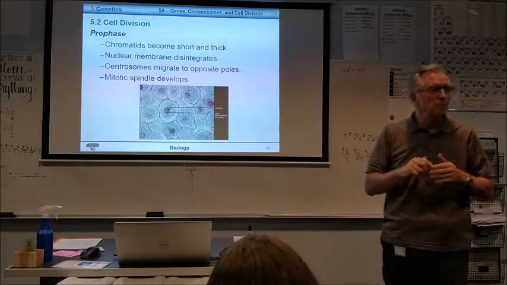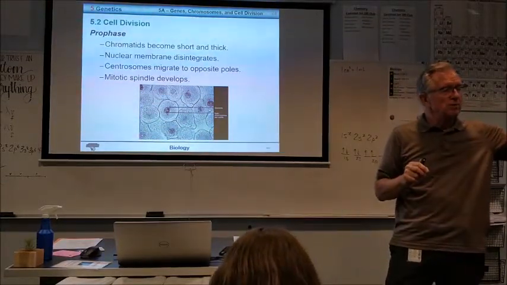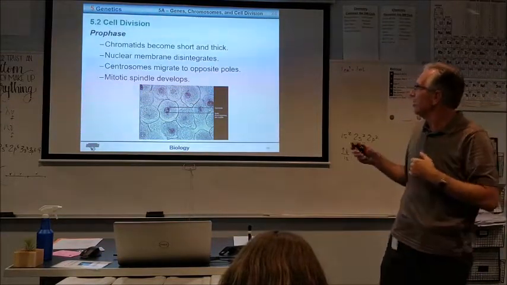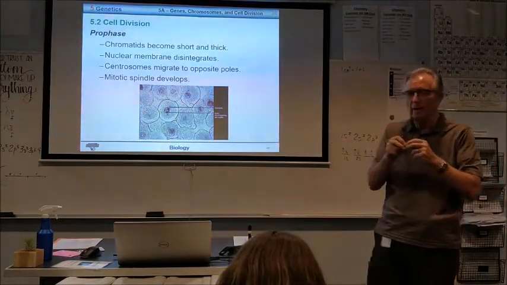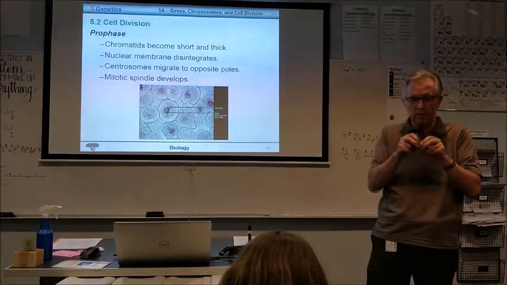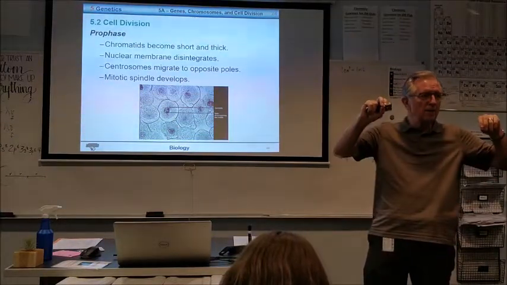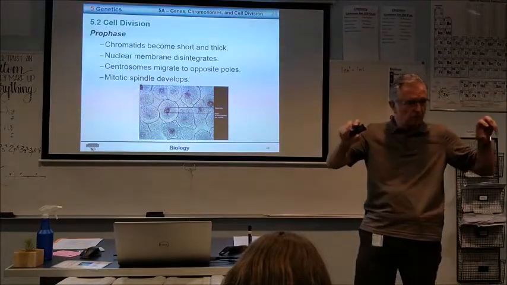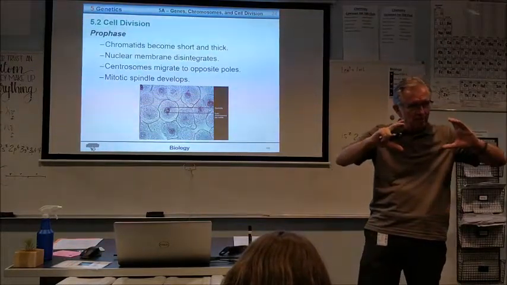The centrosomes, remember that was a structure that was outside the nucleus, out in the cytoplasm, is going to split and migrate to opposite sides of where the nucleus has been.